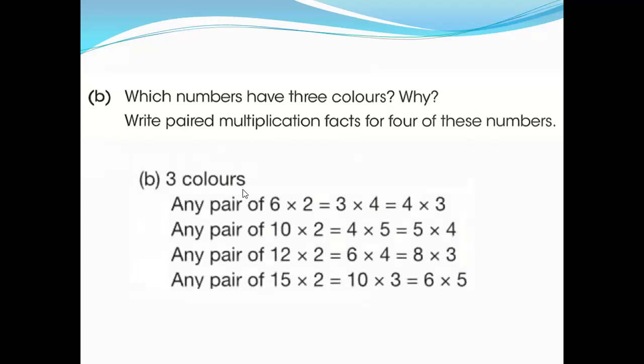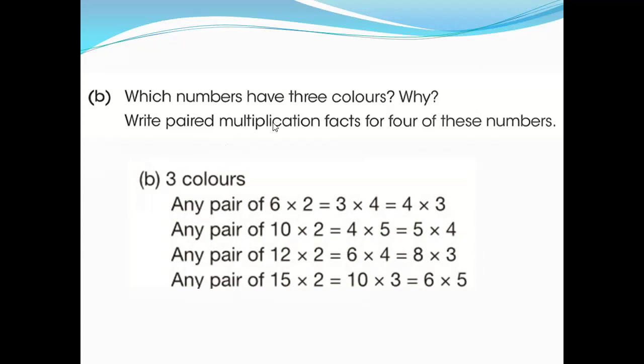So let's start. Three colors. Any pair of 6 multiply 2 is 12, 3 multiply 4 is 12, and 4 multiply 3 is 12, from table 2 to 10. So okay, you find three colors, the same answer. Any pair of 10 multiply 2 is 20, 4 multiply 5 is 20, and 5 multiply 4 is also 20.